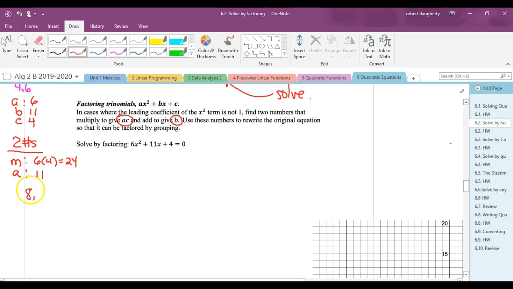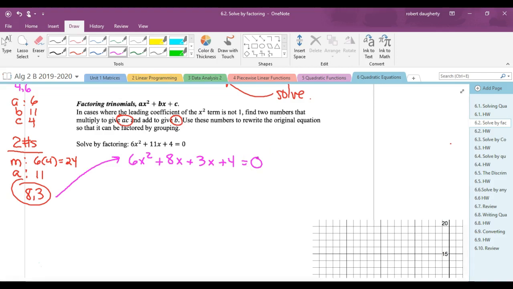Yeah, 8 and 3. And now here's a key difference. What you have to do now is rewrite this problem as 6x squared plus 8x plus 3x plus 4 equals 0. Now, what's the difference between these two equations?